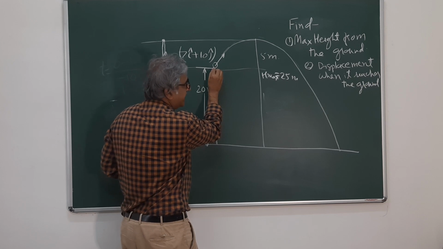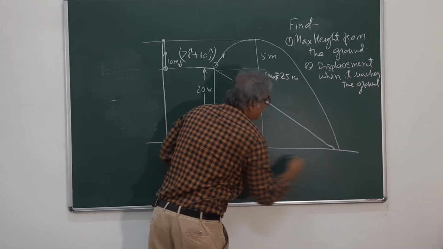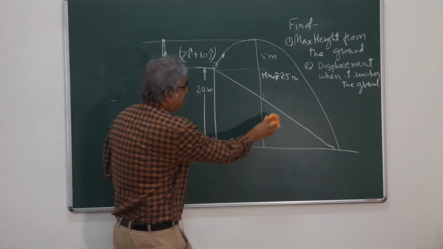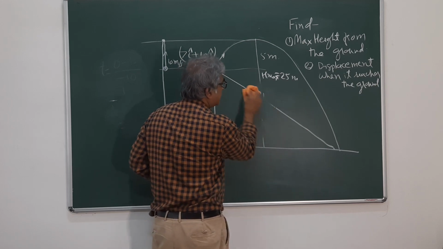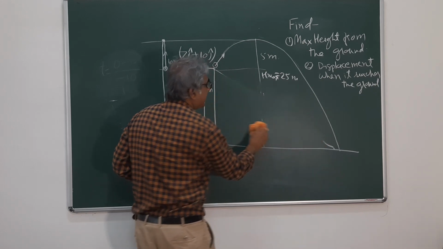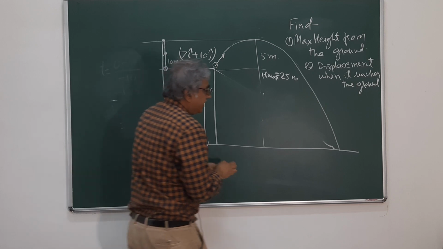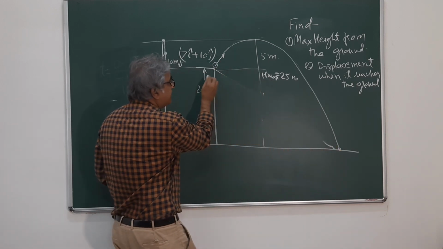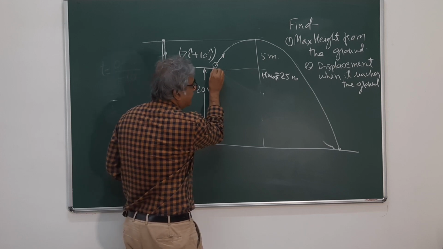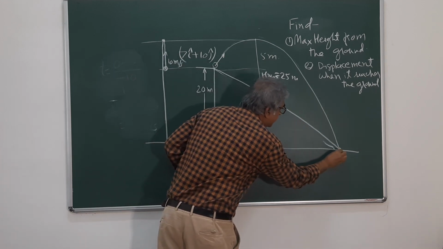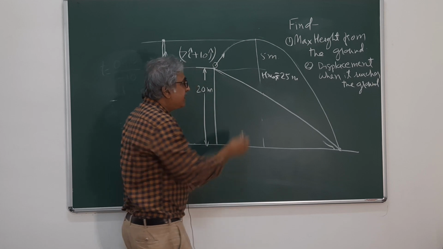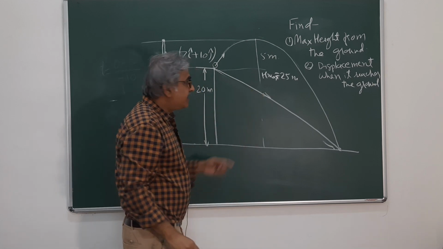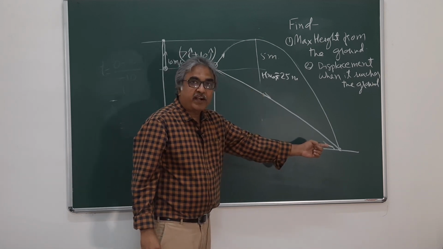So we are essentially interested in finding out this. This is the final position of the projectile when it reaches the ground. This is the initial position. So this is the displacement, and displacement has direction, right? We want to find out that.